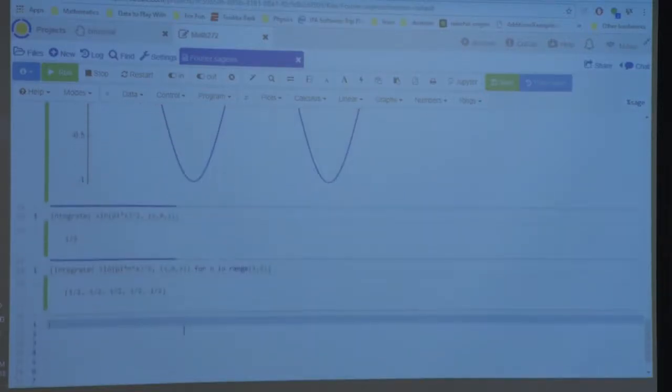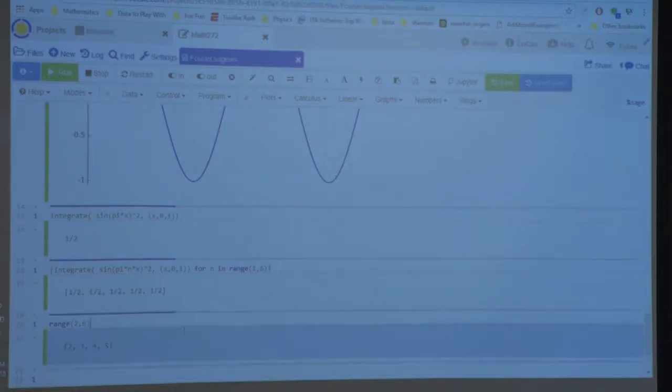Okay, so they're all 1/2. Let me show you: range 1 to 6 gives you these numbers 1, 2, 3, 4, 5, and you can specify the starting point like that. If I just said range 6, it would start at 0, so it would be the first 6 numbers. Okay, so that's that.